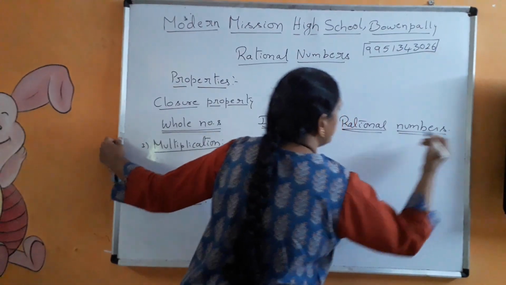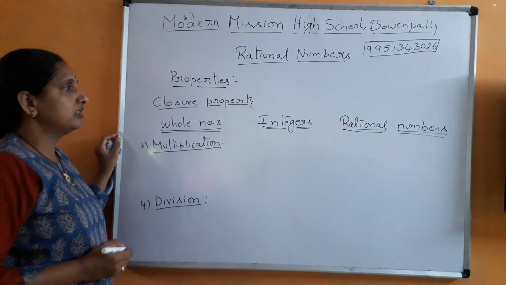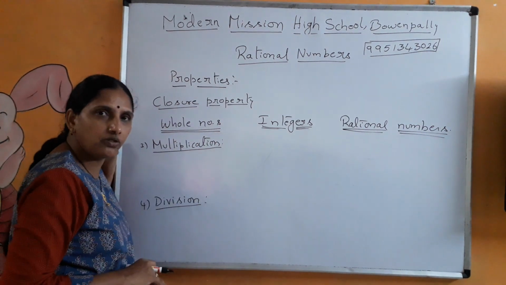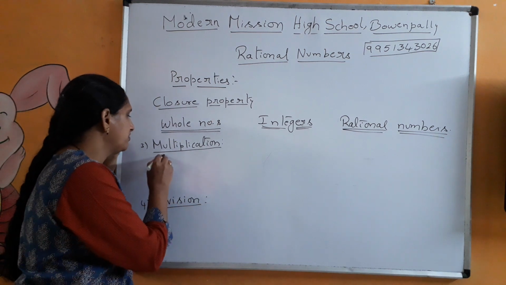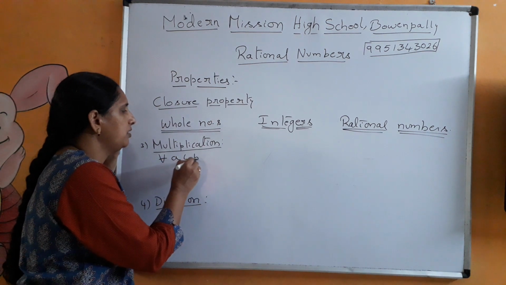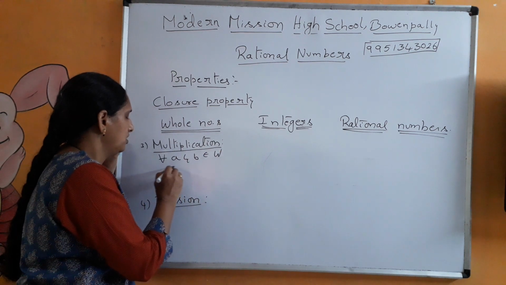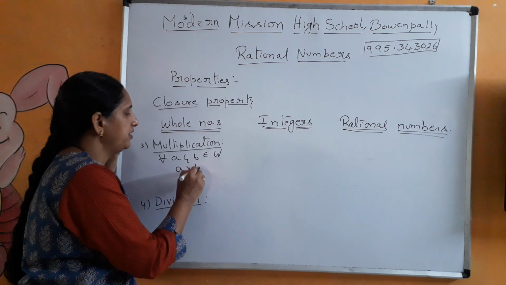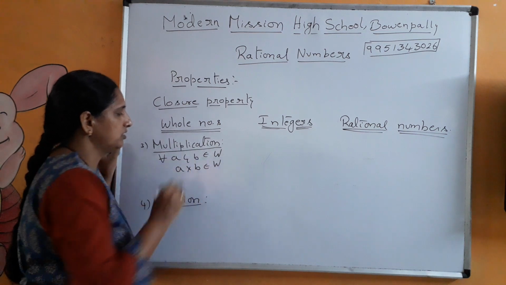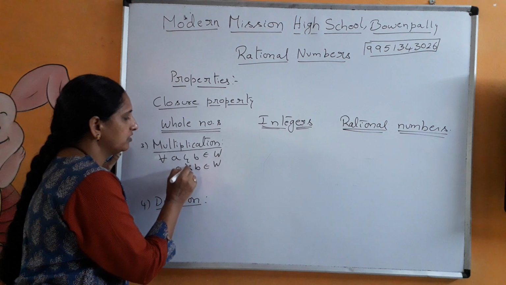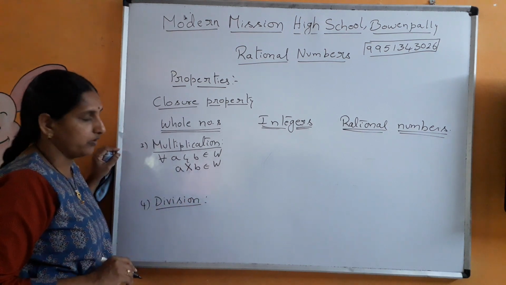We are going to verify in all these whether these numbers are closed under this particular operation or not. So what is the general statement again? For all values of a and b belonging to whole numbers, a multiplied by b also belongs to whole numbers. This is the statement. We are going to now check whether it is true or not.